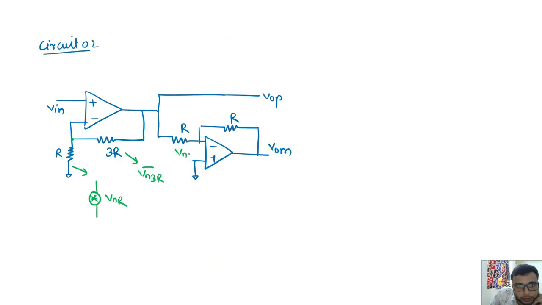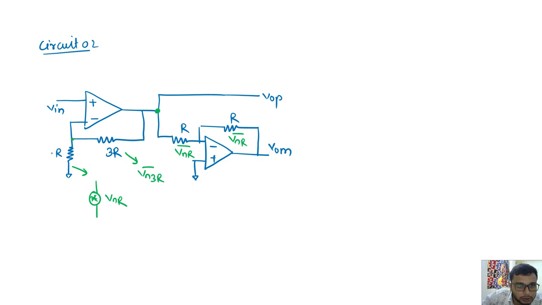Now the noise of the second circuit, circuit 2: R in series, the noise of this resistor can also be Vn of R as a series voltage source. This way I will consider the noise of all these 4 resistors, directly going with the intuition. For the first resistor, what is the noise at this point?